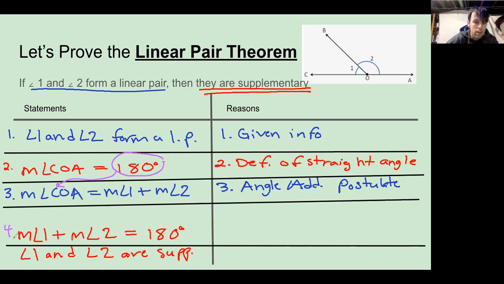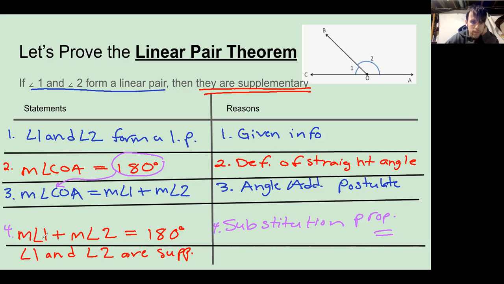I prefer substitution, and being able to say this is the substitution property, which is what I'm kind of showing with that arrow. I'm replacing 180 degrees for the measurement of angle COA because those things are equal. Substitution property of equality.